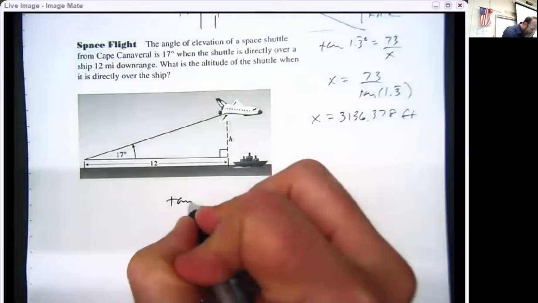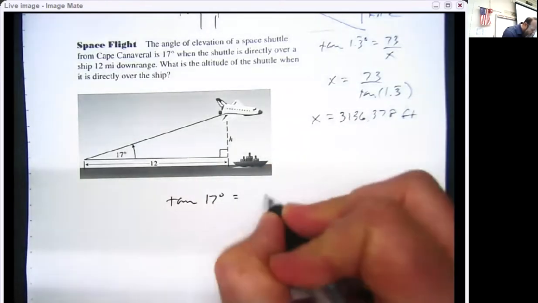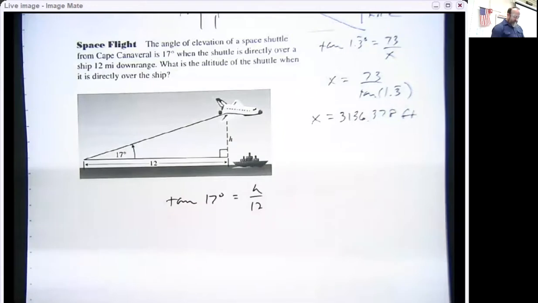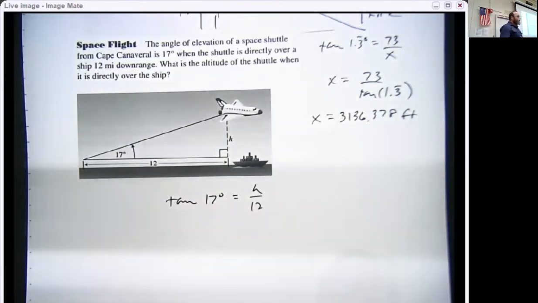That's going to be the tangent of 17 degrees is h over 12. This is being measured in what? Miles. Yeah, the space shuttle is not 12 feet off the ground, or you better get out of the way. It's going to probably kill you. A lot of mass coming down. Those are not small ships.